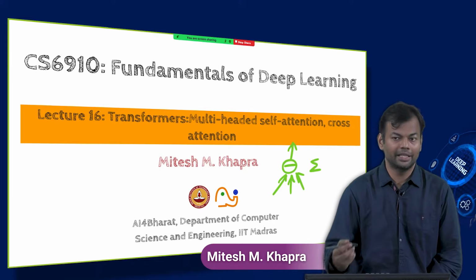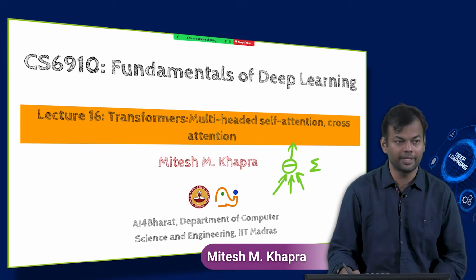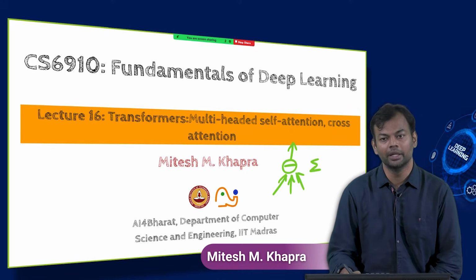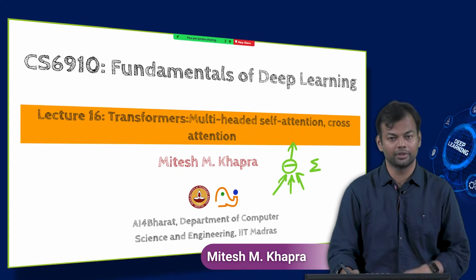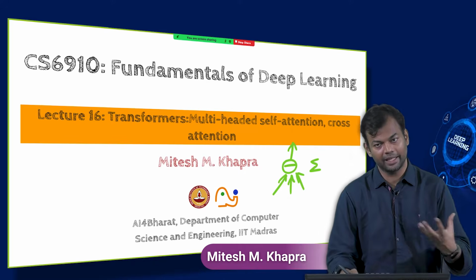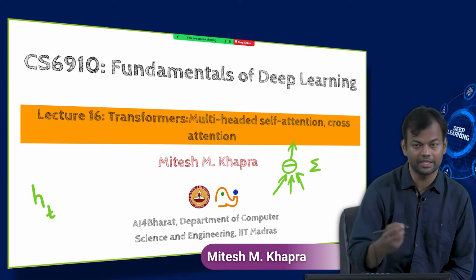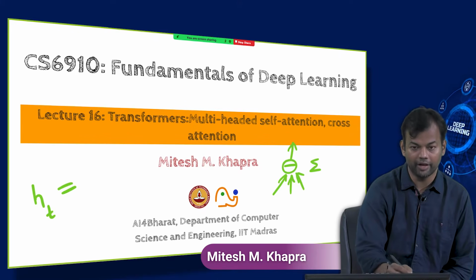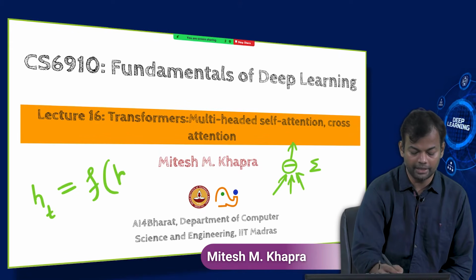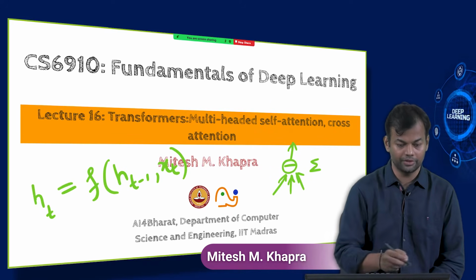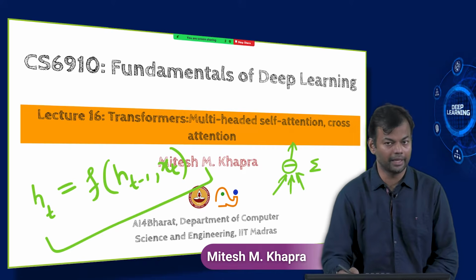Similarly, in the case of convolutional neural networks, the basic building block was the convolution operation and maybe even the max pooling operation. Then in the case of recurrent neural networks, the basic building block was this recurrent equation where you could compute ht, which was a state at time t, as a function of ht minus 1 and the input at that time step. So this is what the basic building block was.